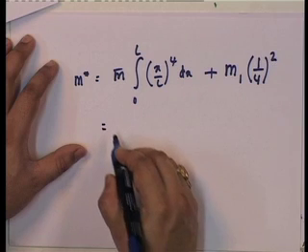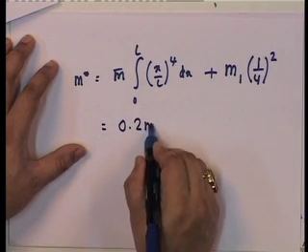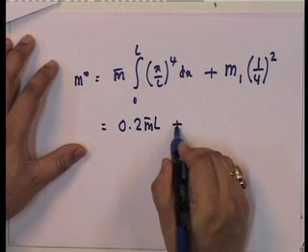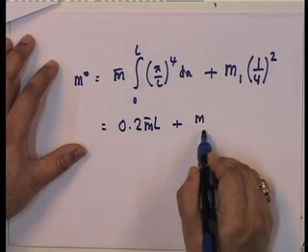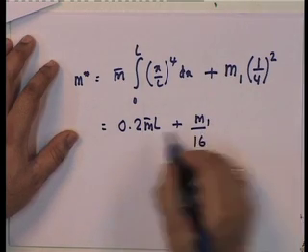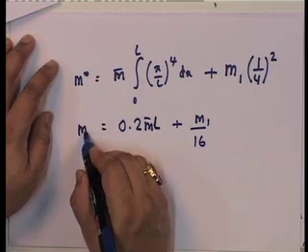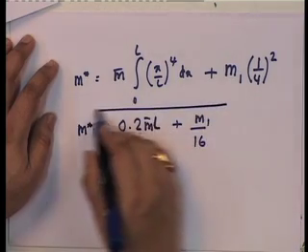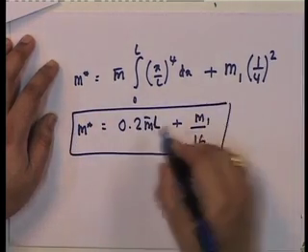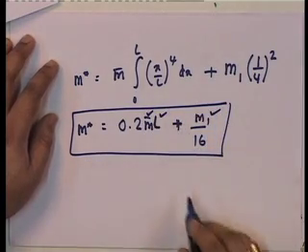So this is equal to, we know, 0.2 m bar L plus m1 upon 16. So depending on what your m bar and L is, that's your m star. We have derived it because this is known, this is known, this is known. We can find out what m star is.